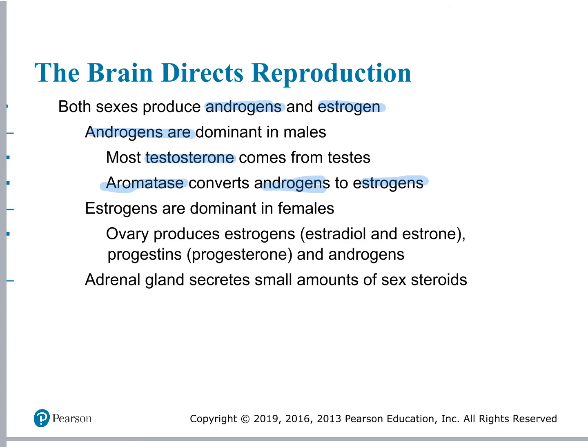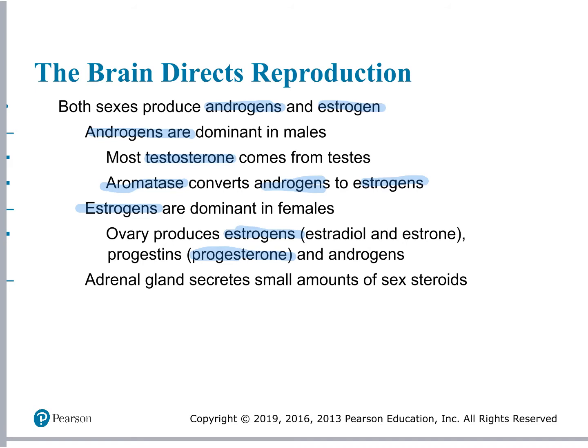It just so happens that they produce testosterone more, which is going to be dominant over the estrogen hormone in the male system. In females, the main hormone is going to be estrogen. The ovaries produce estrogen, plus the ovaries also produce progesterone. Progesterone is the hormone that builds up the uterus each month in order to get ready for pregnancy, if there is some.